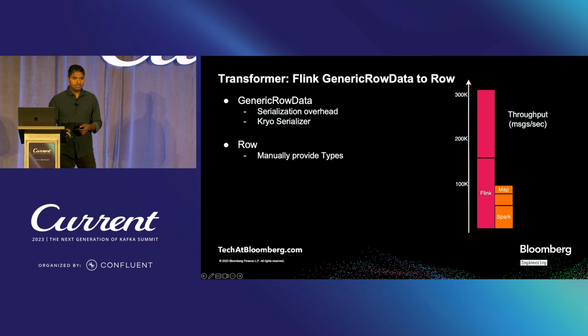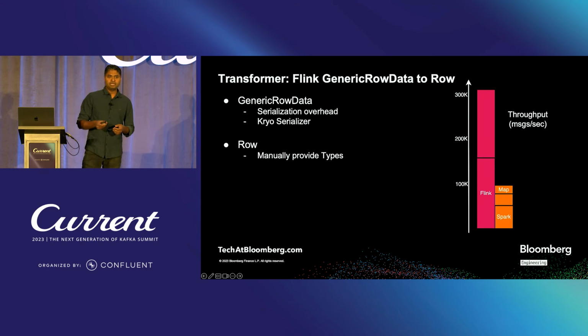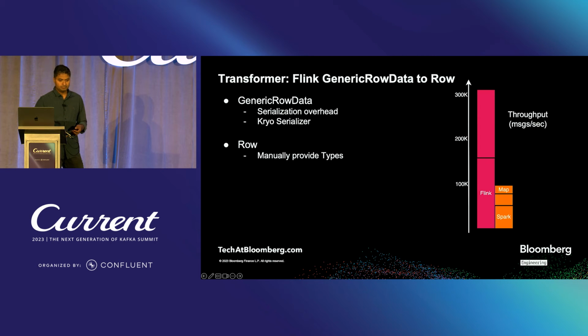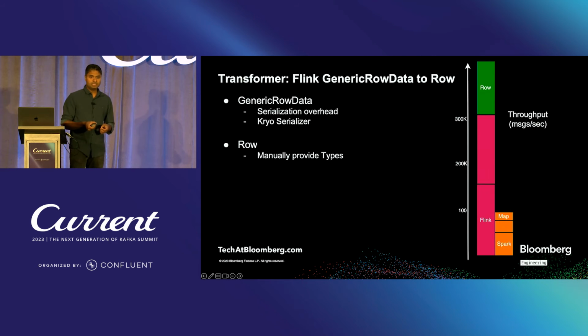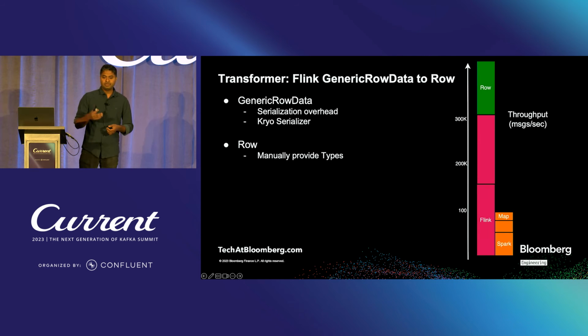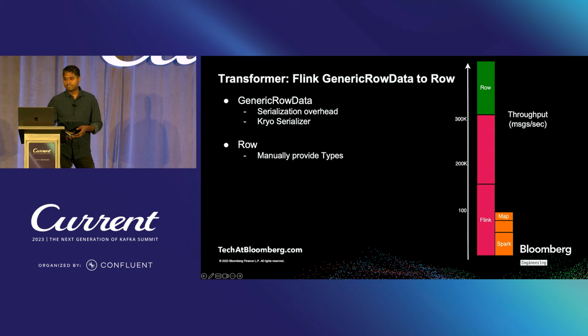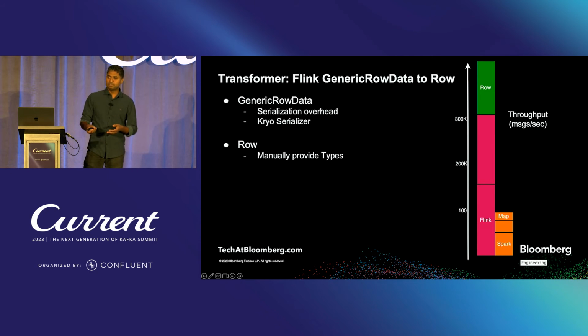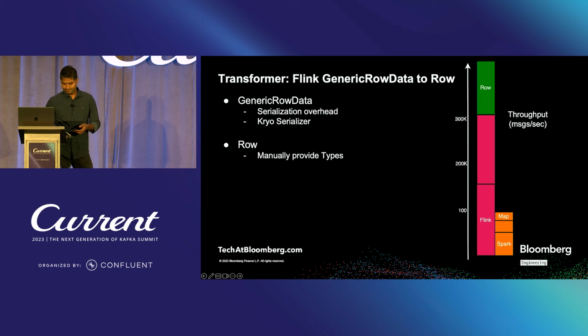So depending upon different use cases, Flink provides different data types. Another one of them is a raw data type. Switching from generic raw data to do the same processing, we were able to improve the performance of Flink a little bit. So with choosing the appropriate decoders and the proper Spark and Flink APIs, you will be able to improve the transformer section of your pipeline.